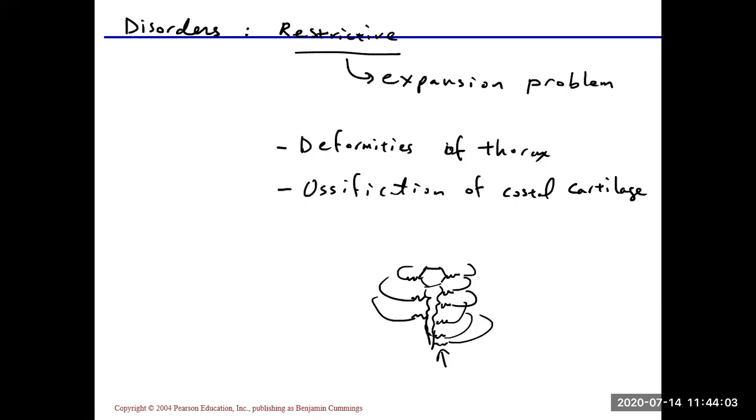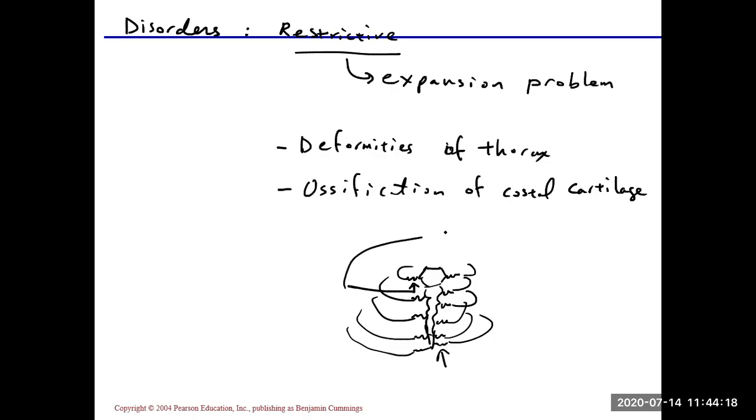In reality they have more ribs, but I'm just showing you. This wiggly line right here is the costal cartilage.